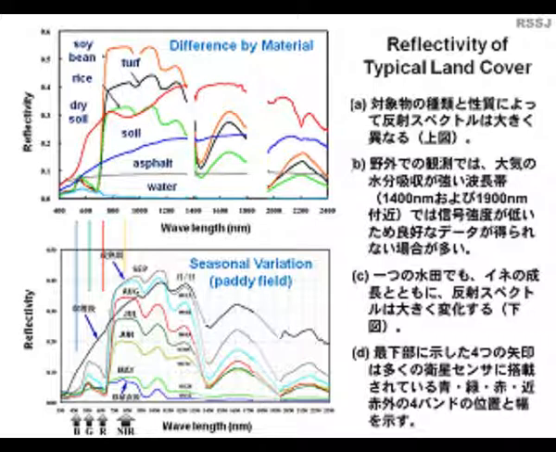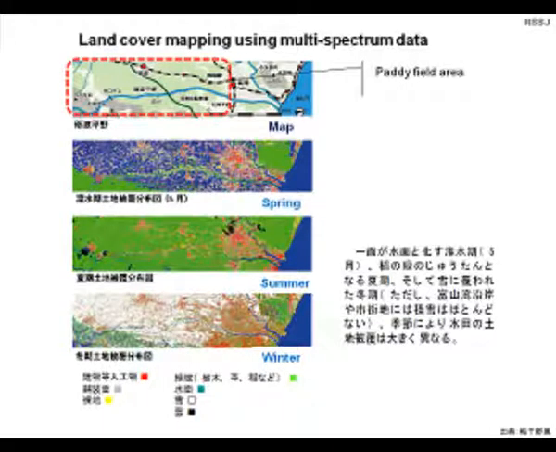And after harvest, this black curve is almost the same as the soil data. So using this reflectivity analysis, we will be able to know what condition or what land cover it is.